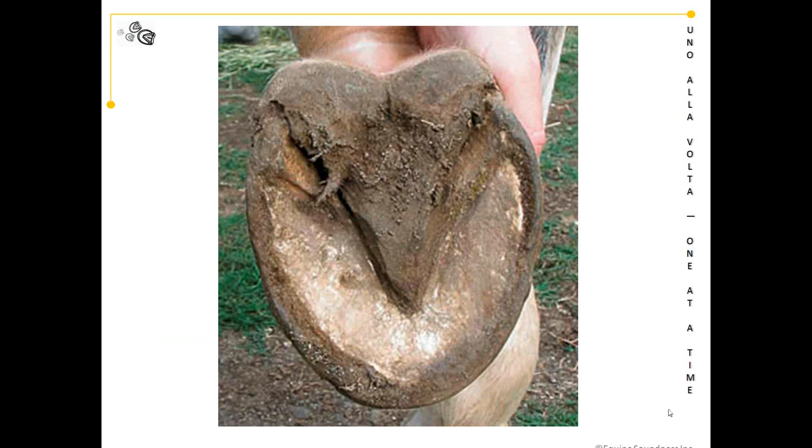We have another thing that we need to look at, and that is the width of the frog. If you look at farrier textbooks, usually you see a frog that is shaped like this.